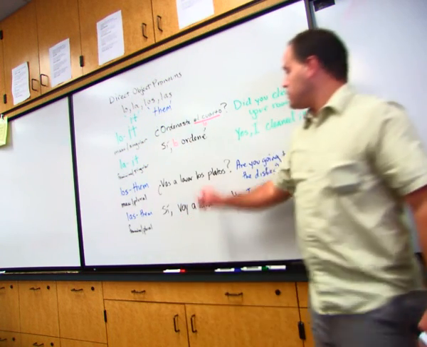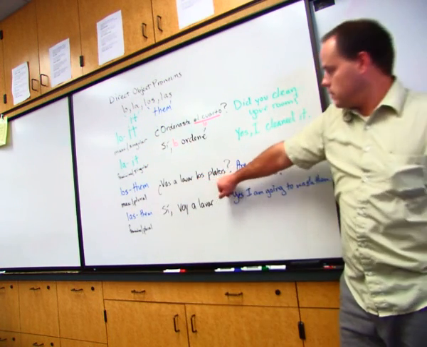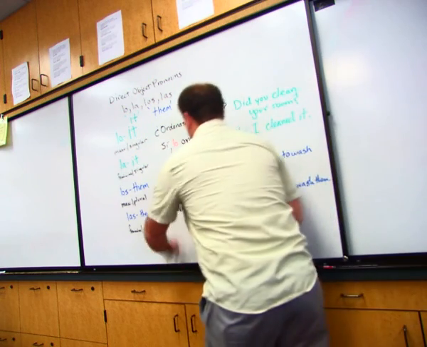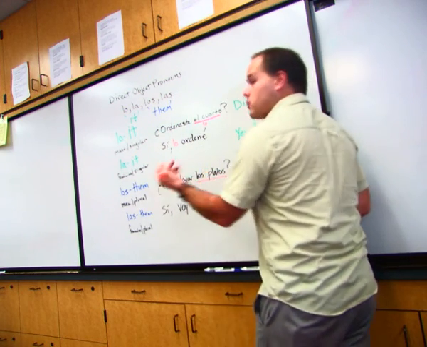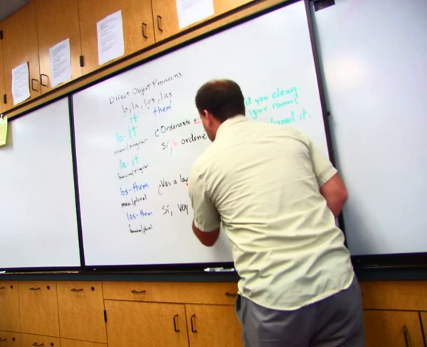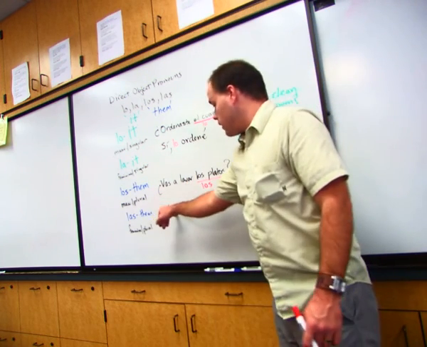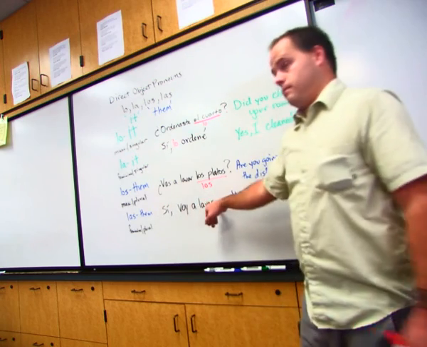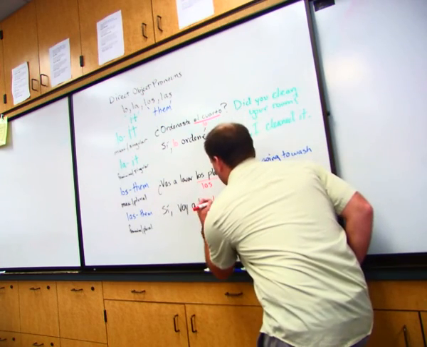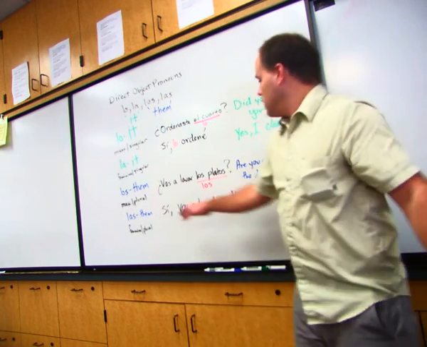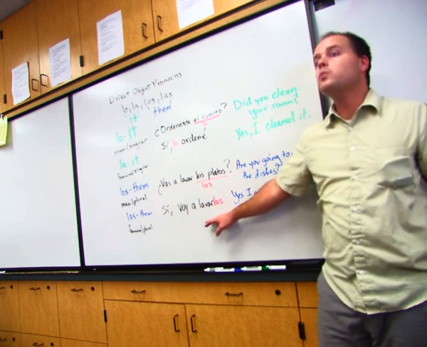And I've written it this much because what's our direct object pronoun? Los platos is our direct object, so it will be los. Where's it going to go? It can go here or here. I'm going to put it right here for now. Sí, voy a lavarlos. I'm going to wash them.